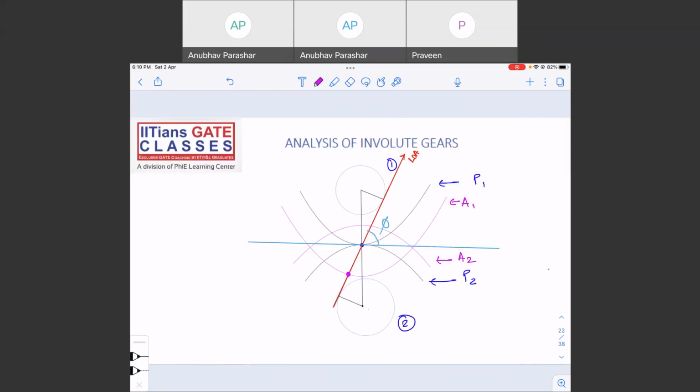So contact has taken place from here to here. This is known as the path of contact.